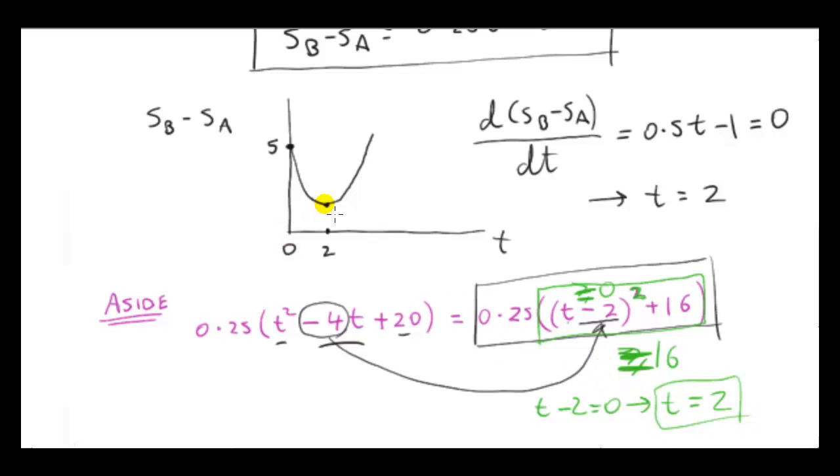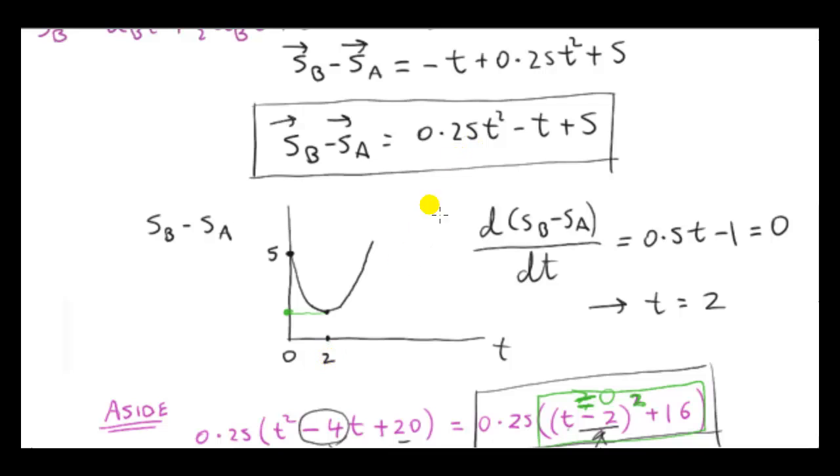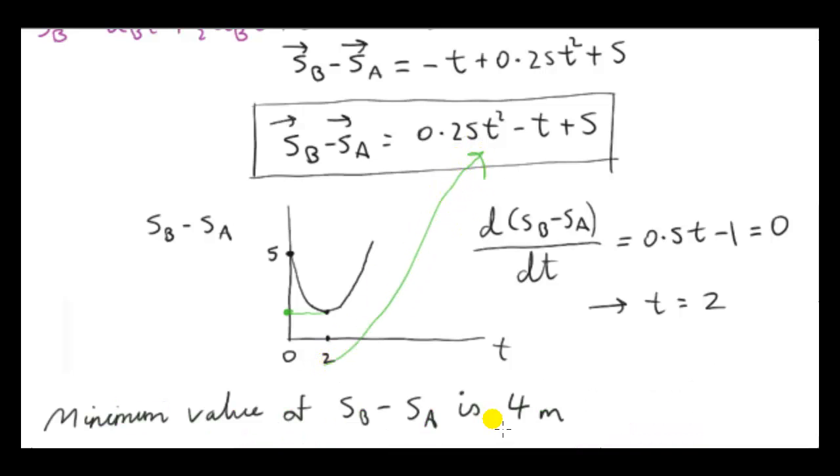So we found the time, and now we can go and find the closest distance between the particles. That's straightforward. We just take our value of 2 and plug it into this. So you get that the minimum distance between the particles is 4 meters.